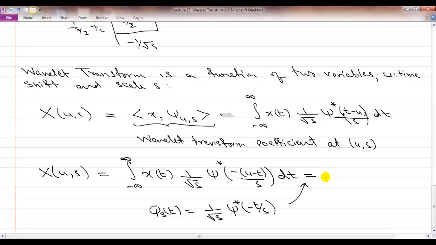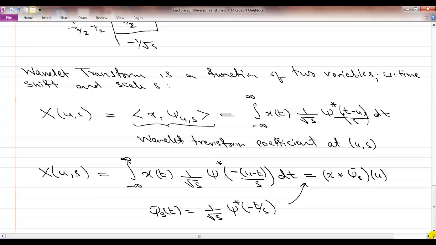So this is just a convolution of X with psi bar s, and once you compute the convolution, you just take the value at time u. We have done that when we talked about abstract notions of sampling at the very start of this class.